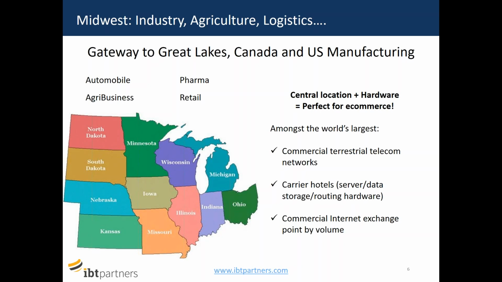I think the other point I wanted to mention, in terms of online and anything to do with e-commerce, is its strength both in manufacturing, like the big car companies, and then things like agribusiness like Caterpillar and Cargill, Monsanto, and Kellogg's and Kraft. But you also have huge retailers.